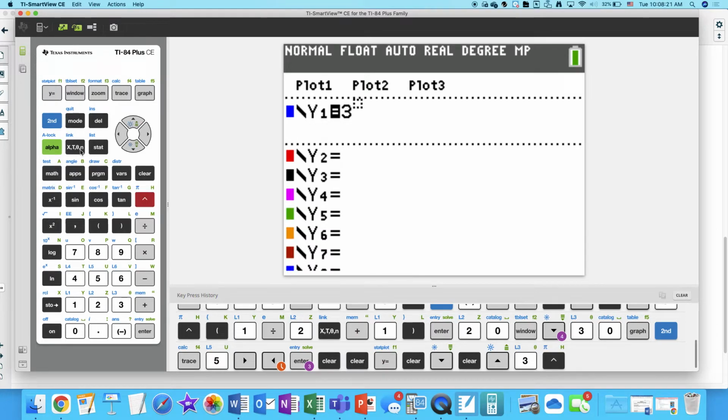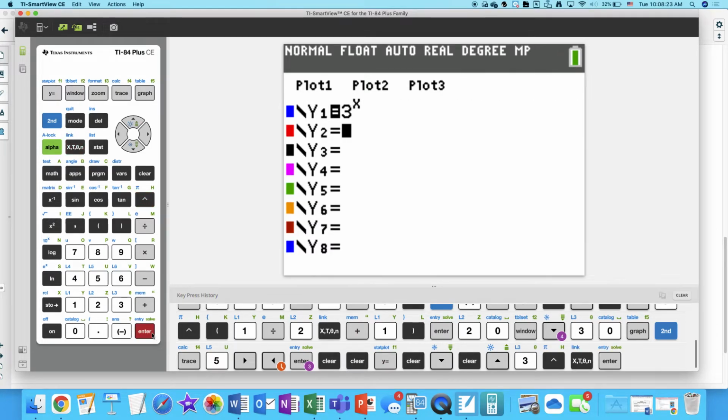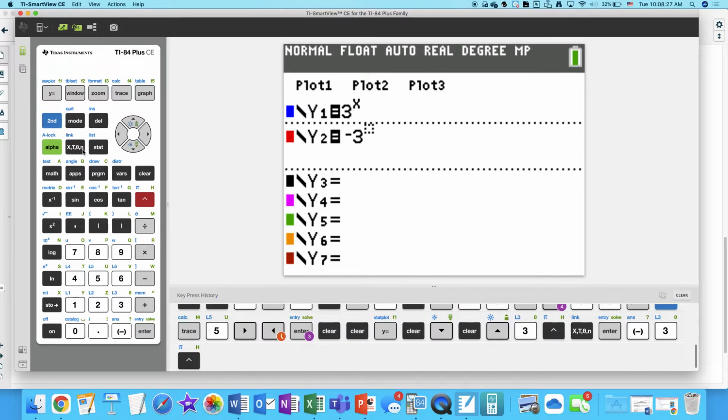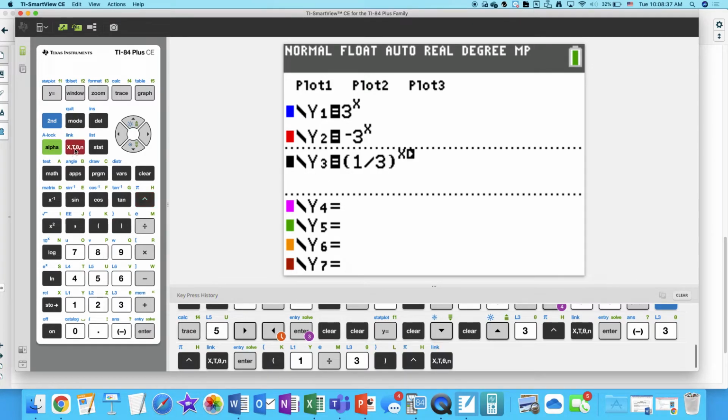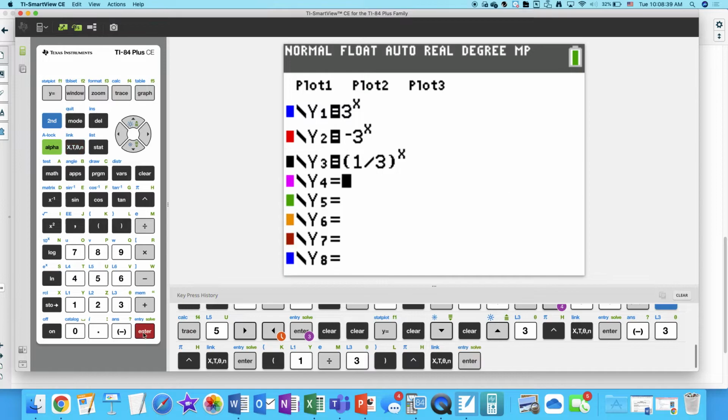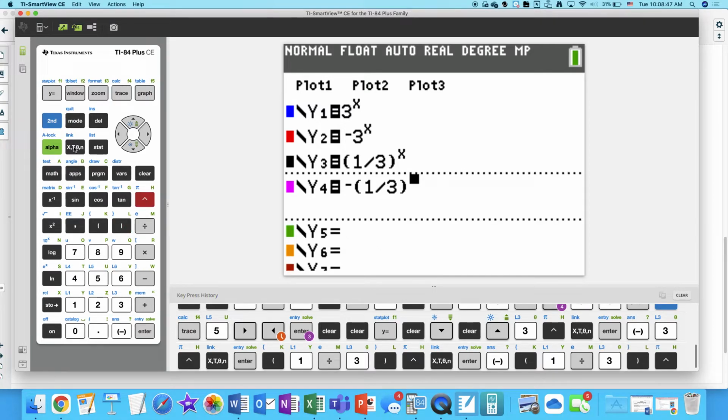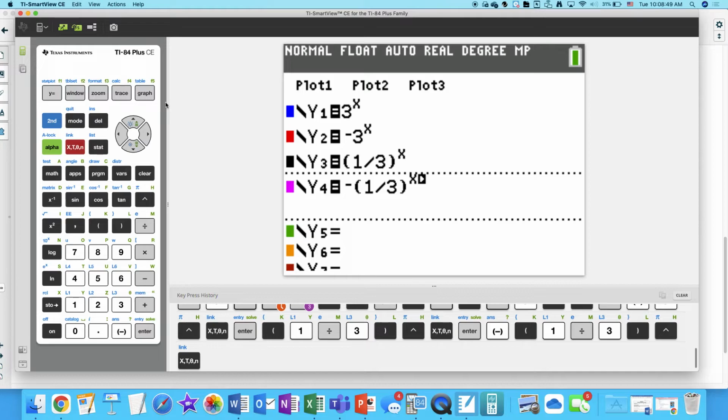Second one was negative 3 to the power x. The next one was 1/3, so 1 divided by 3, to the power x. And the last one was negative, in brackets, 1/3 to the power x. Okay? And I'm going to go zoom standard 6.